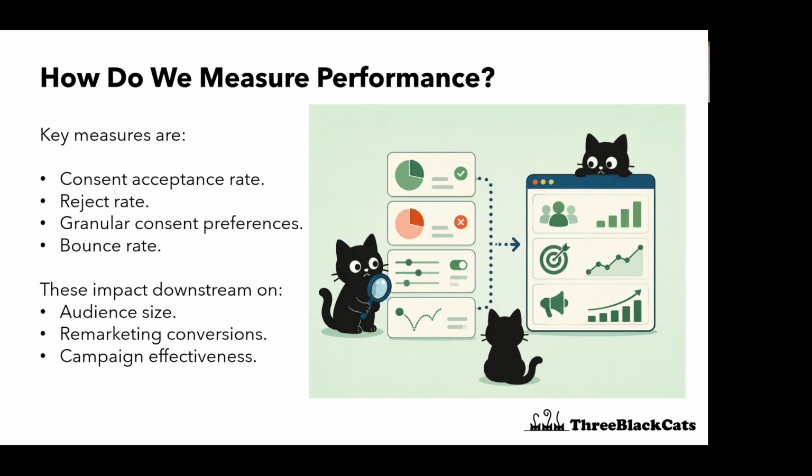So we're looking at what percentage of people went, I would like strictly necessary, functional, and preference, but I really don't want the marketing, because that might be the thing that's actually important to us as a business.